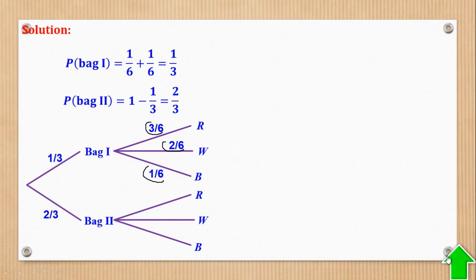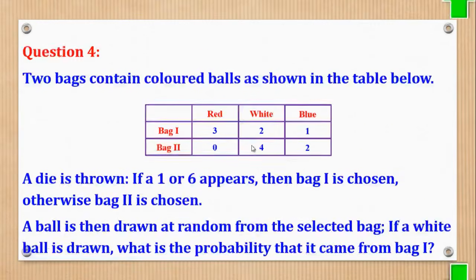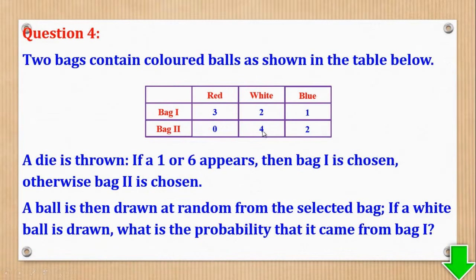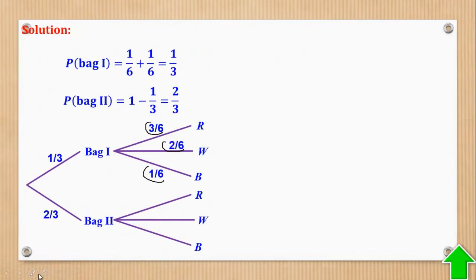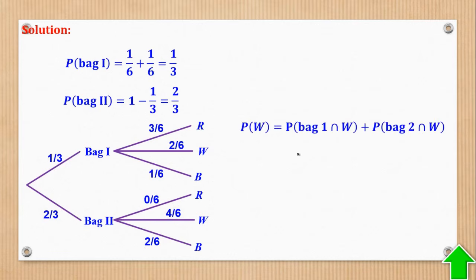Bag 2 has 0 red, 4 white and 2 blue, which is a total of 6. Therefore for red it is 0 over 6, for white 4 over 6, and for blue 2 over 6. So now that I filled the tree diagram, I can answer the question.